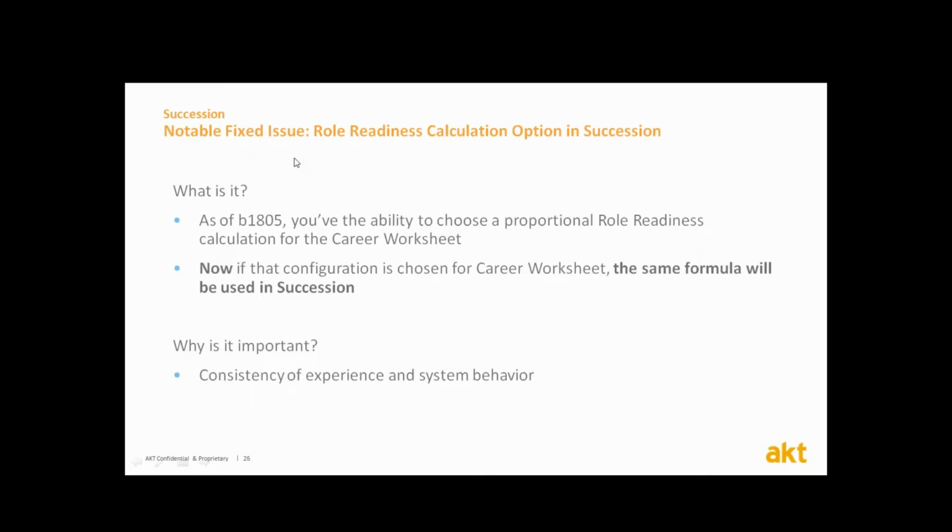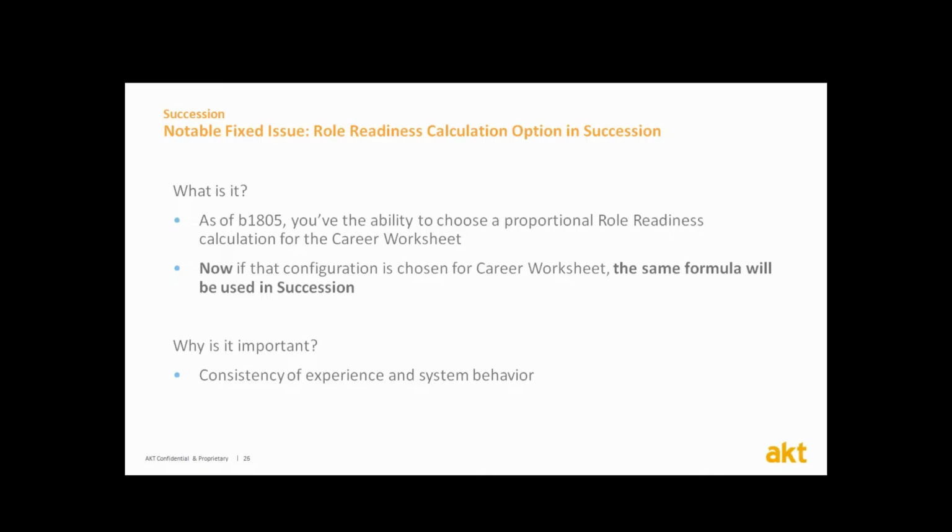An additional notable fix issue is the role readiness calculation option in Succession. So as of the last release, 1805, you have the ability to choose the proportional role readiness calculation for the career worksheet.